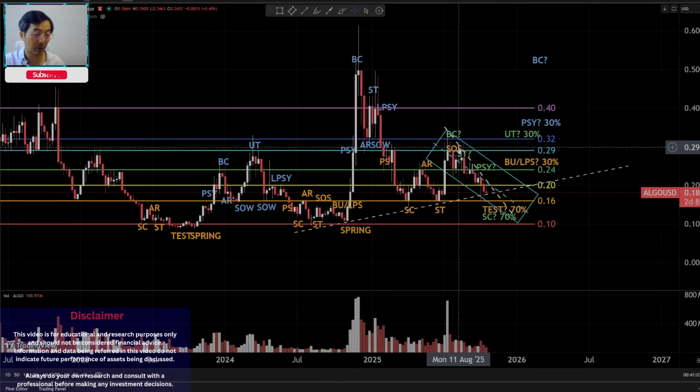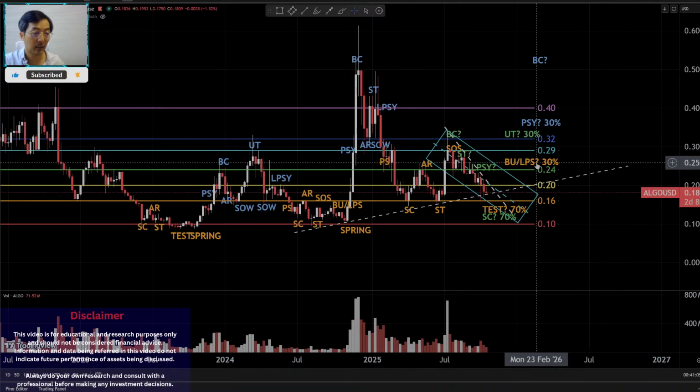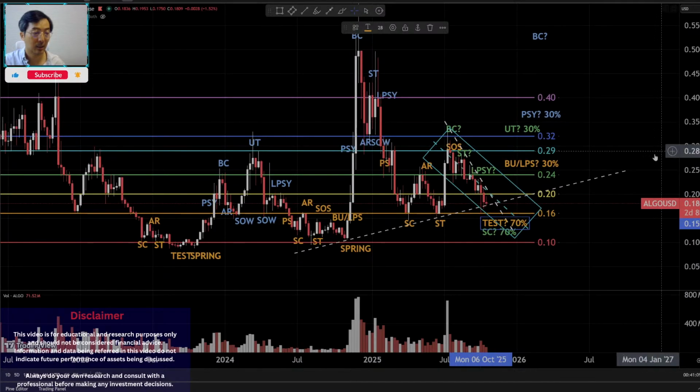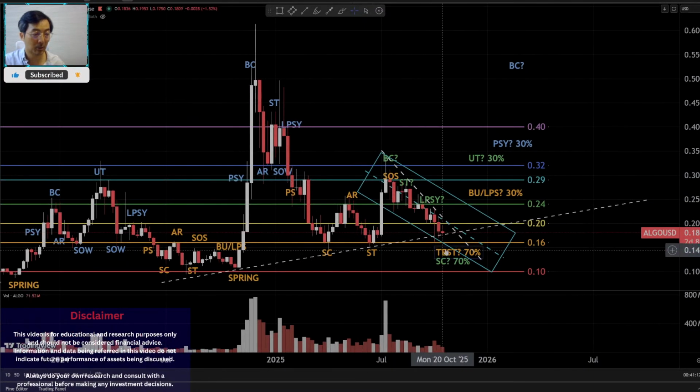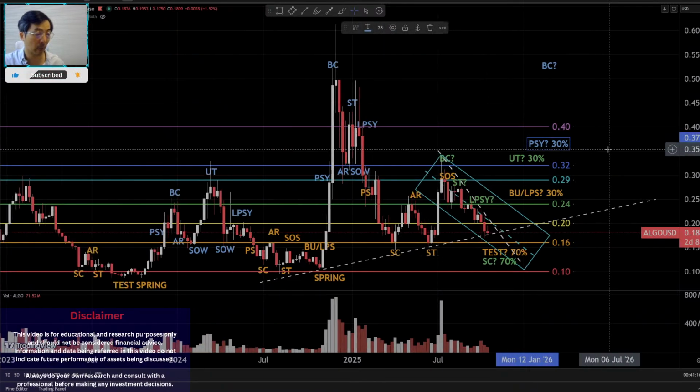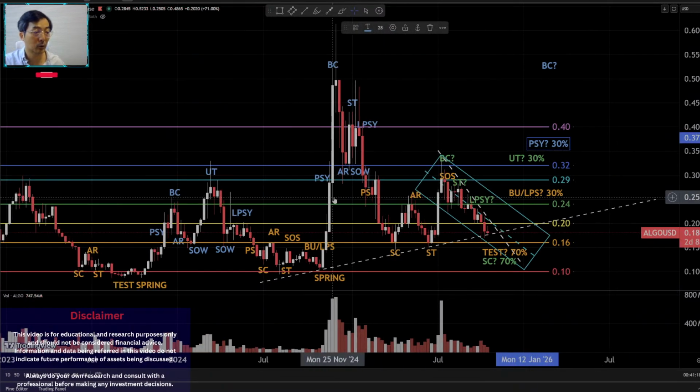So I hope that's not the case. I still hope that the orange one is the more accurate scenario, where we're still waiting for a buying climax or a distribution cycle to come that is similar to what we had back in November last year. So a very similar time frame.